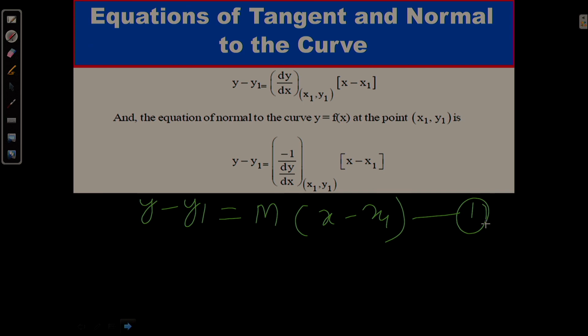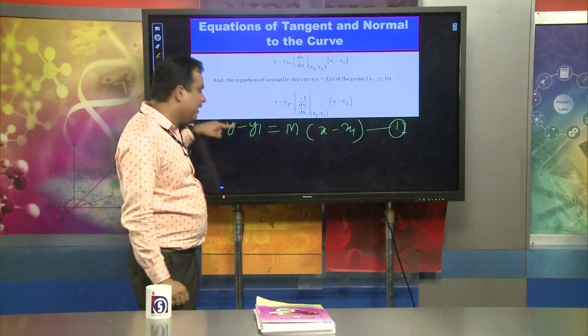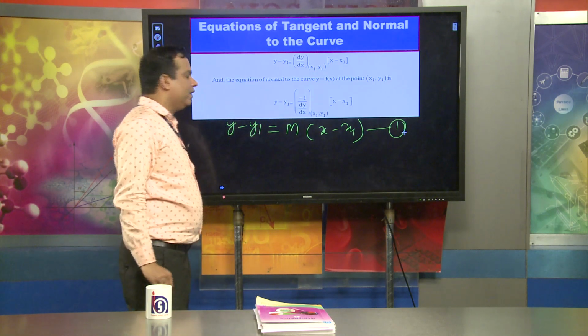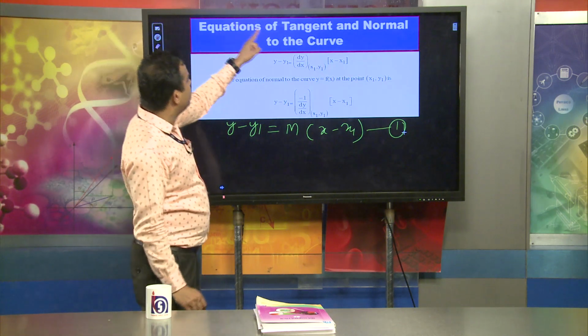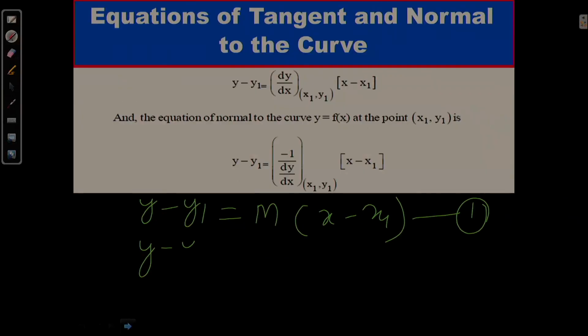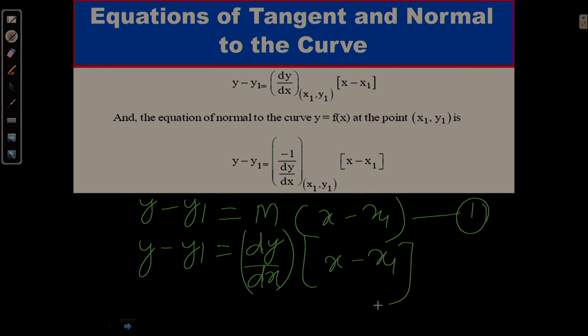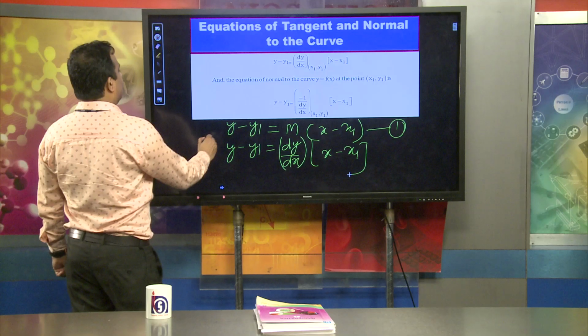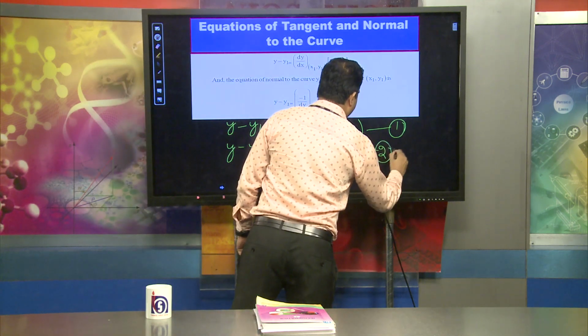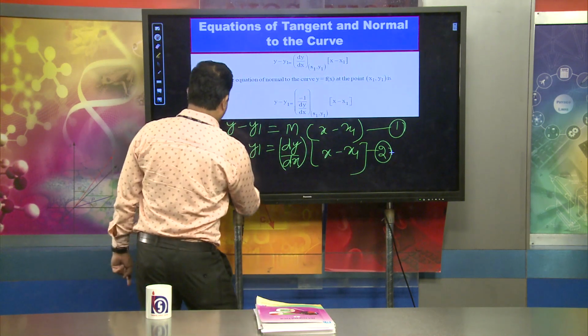Equation 1 represents the equation of a line with slope m through the point x1 and y1. Now, when talking about the equation of the tangent, it is y minus y1 equal to dy by dx into x minus x1. Equation 2 is the equation of the tangent.